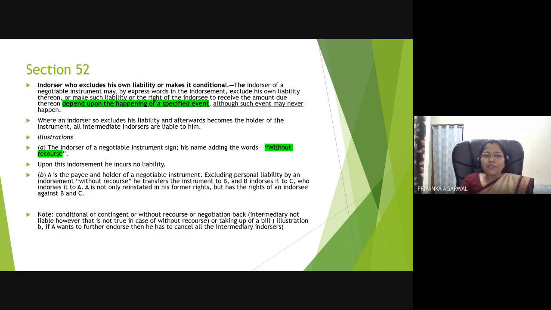If the instrument is dishonored, then B is also liable because he has not mentioned without recourse. Now B has further endorsed it to C, and C has further endorsed it to A.